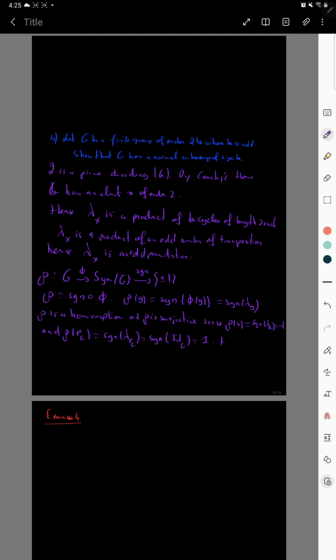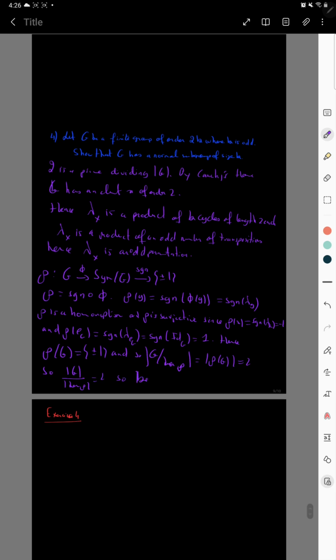Hence rho of G is equal to plus or minus 1. This is the group plus or minus 1. And so, by the first isomorphism theorem, G mod ker rho has the same size as rho of G, which has size 2. So the size of G divided by the size of ker rho is 2. So ker rho has size k. And ker rho is normal in G.